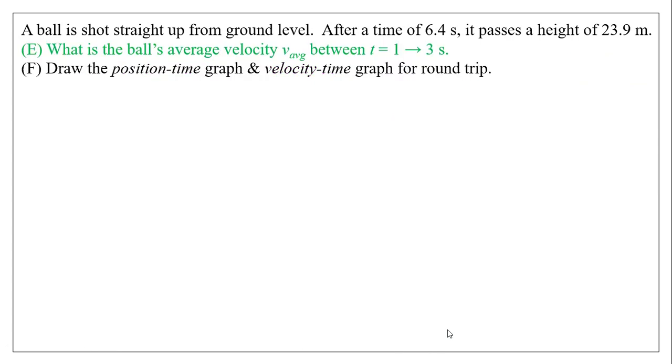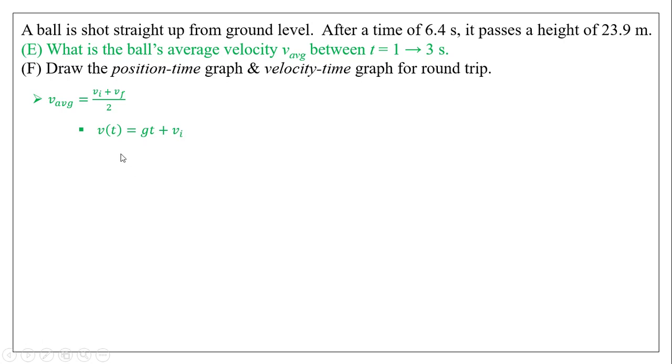All right, let's go ahead and do part E. Part E asks you to find the average velocity between 1 to 3 seconds. Well, to find average velocity, you have a couple of choices. For this part E, if I was doing this from scratch, I would do it using this particular function. It's just quick, okay? To find average velocity, I need vf plus vi divided by 2.